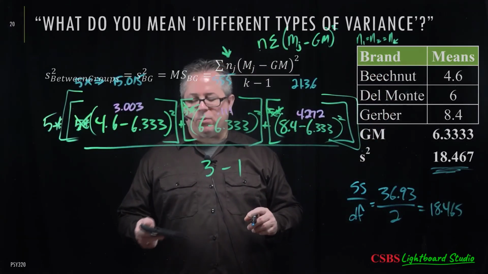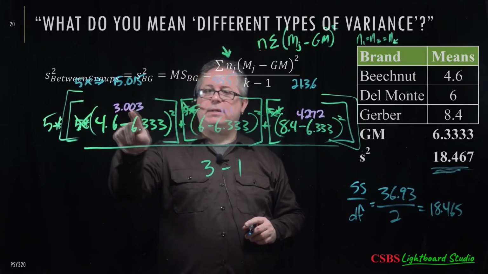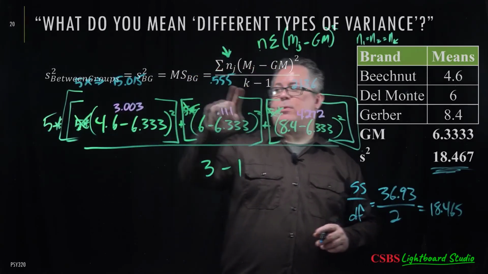What if I did it the other way around? What if I first add these up and then multiply by 5?